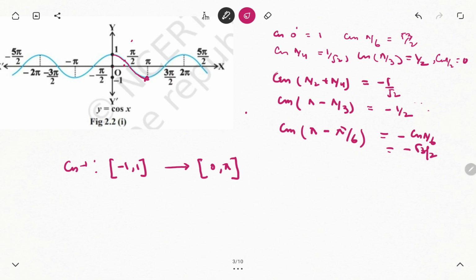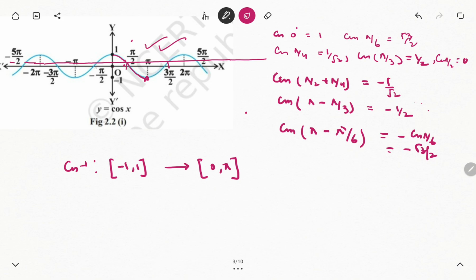Again, the cos function is not 1-1. We draw a line parallel to the x-axis. Now see that infinitely many points you will get the same y. This y is equal, and in here also y is equal. Similarly on this side also there are so many y's, right?